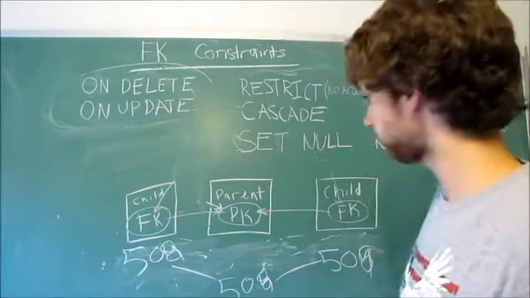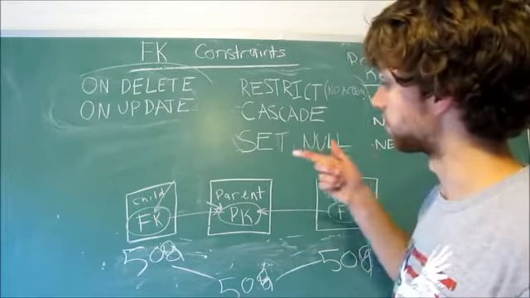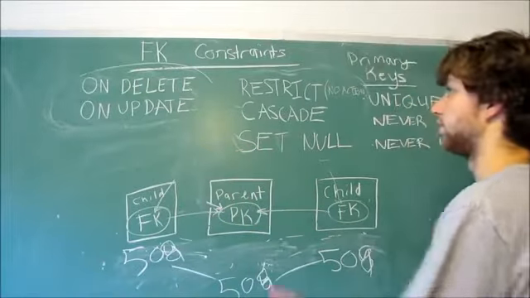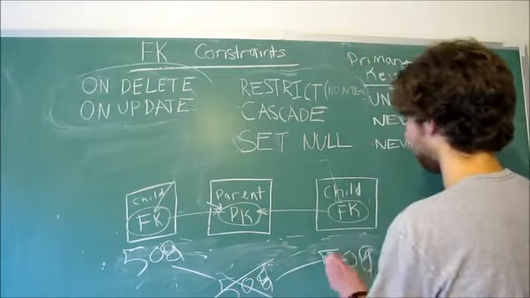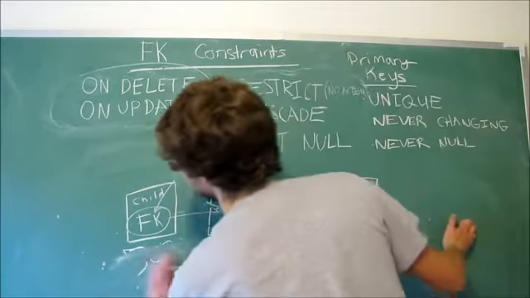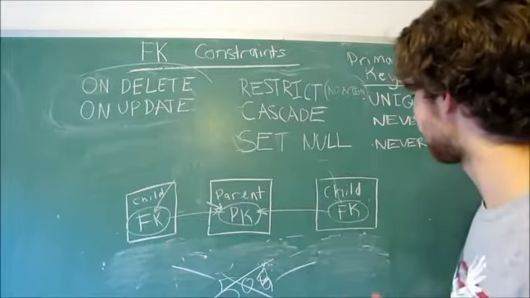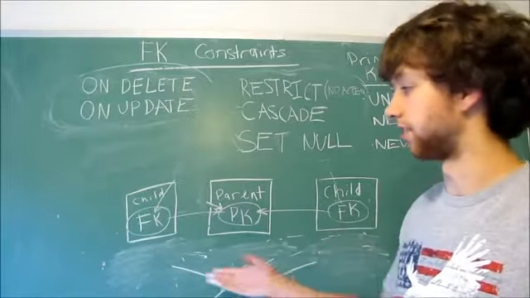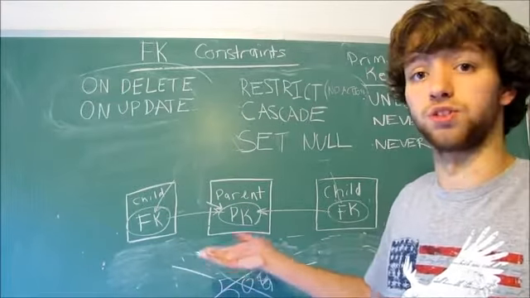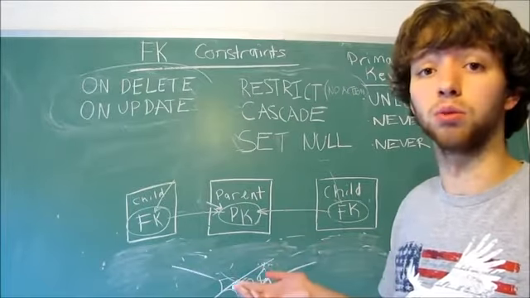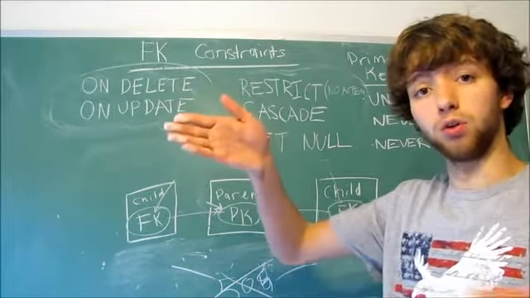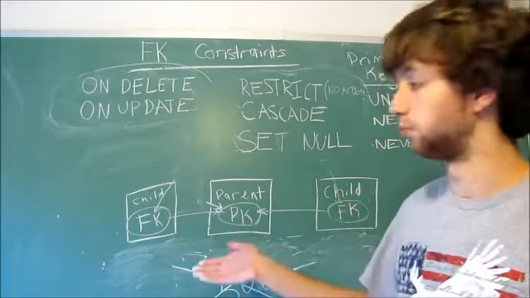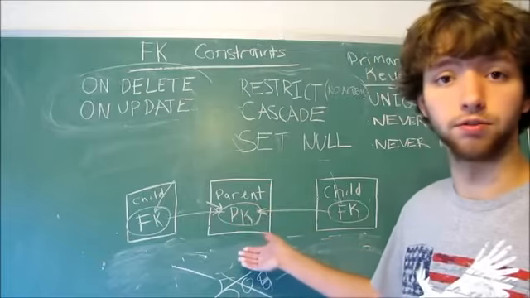Finally, we have set null. What that'll do is basically set the children as null for that specific value. So if we deleted the parent, this is just going to get rid of the value. The row should still exist, but the actual foreign key reference no longer references anything. It's empty. So let's say we have a comment from Billy Bob with the ID of 504.